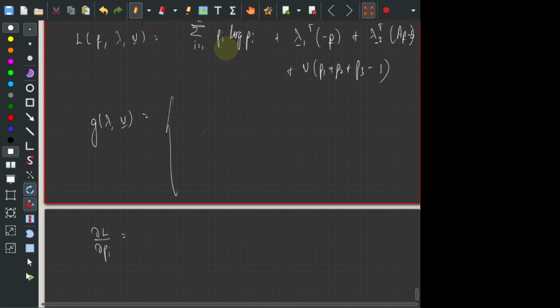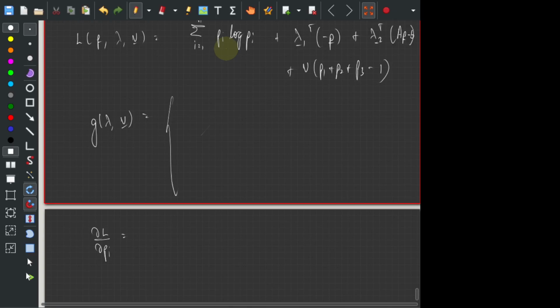As pi tends to 0, what happens to it? It tends to 0, right? And in between it decreases and then increases.